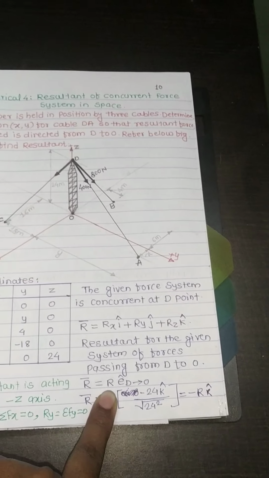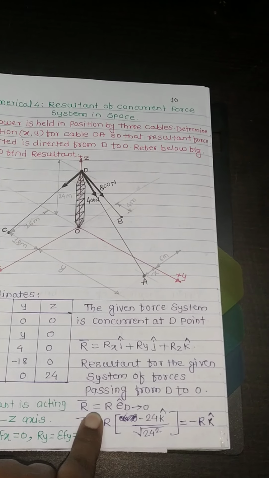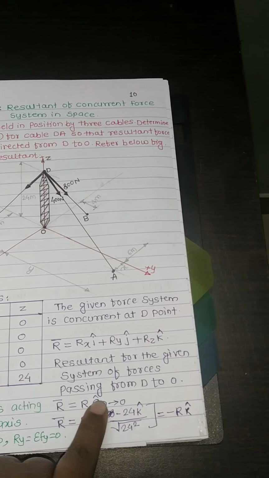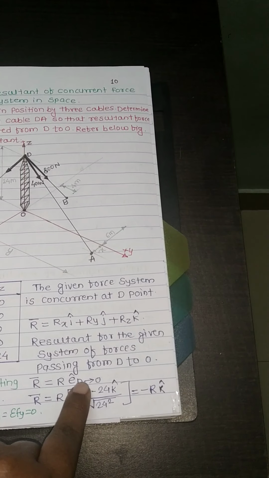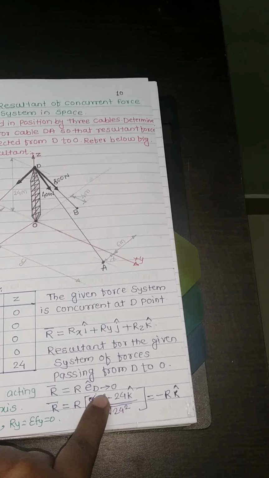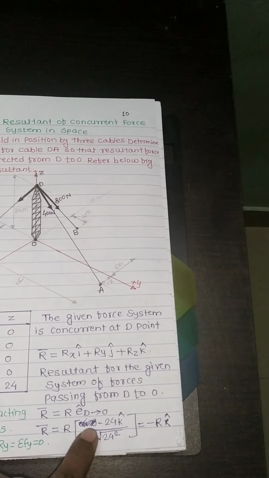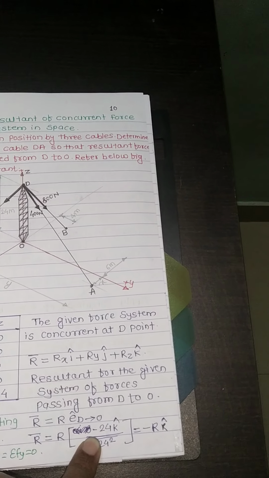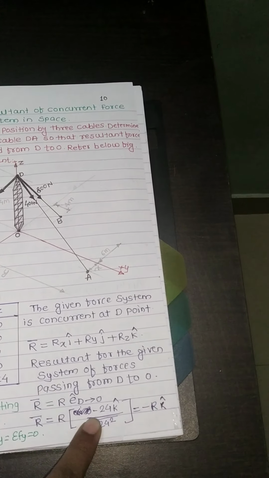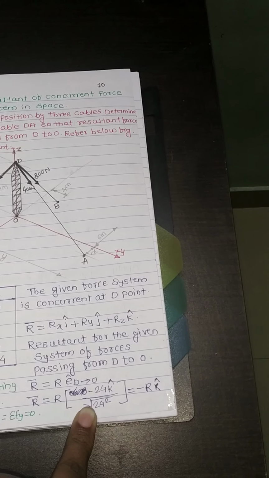Resultant force for the given force system is defined from D to O. Therefore, force as a vector equals magnitude of the force into unit vector, and the resultant is passing from D towards O, so the expression is the coordinates of O minus coordinates of D, using the unit vector equation: magnitude of the force into (x2 minus x1) i cap plus (y2 minus y1) j cap plus (z2 minus z1) k cap upon under root of (x2 minus x1) whole square plus (y2 minus y1) whole square plus (z2 minus z1) whole square.